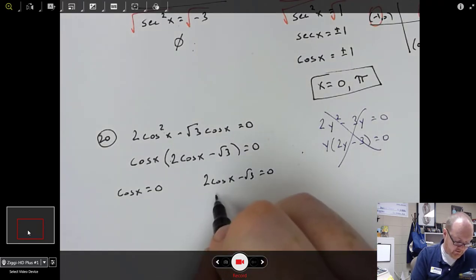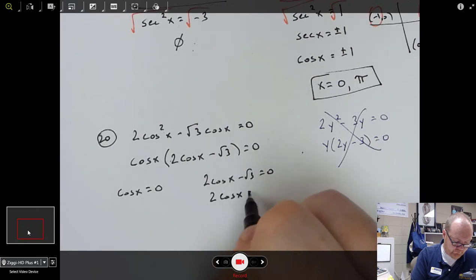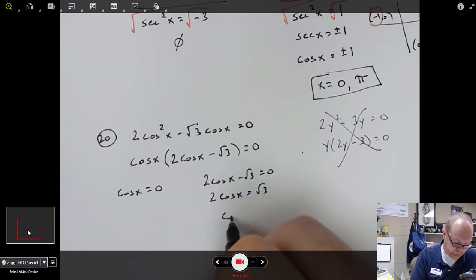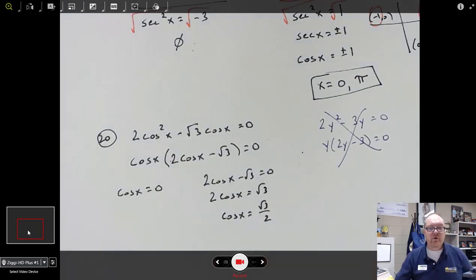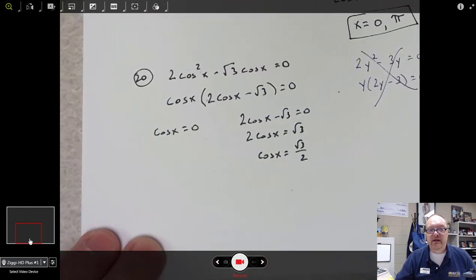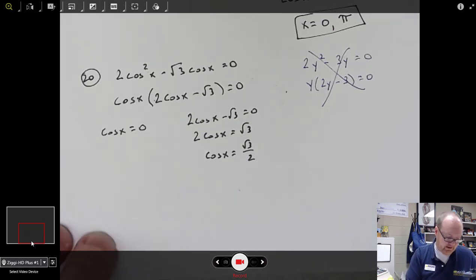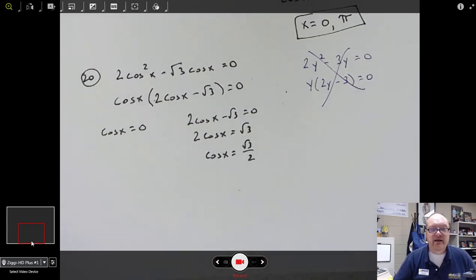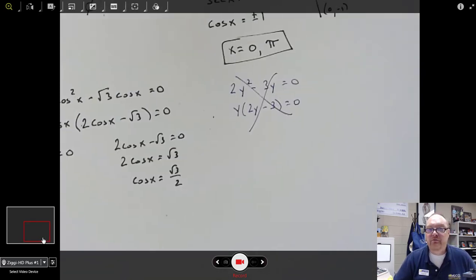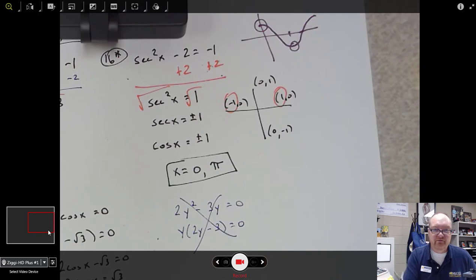So over here, I can add square root of 3 to both sides and divide by 2. So what I'm really interested in is where is cosine 0 and where is cosine square root of 3 over 2. So again, let's do the same sort of thing. If I go back and think about my unit circle, that has those cosine values being 0.